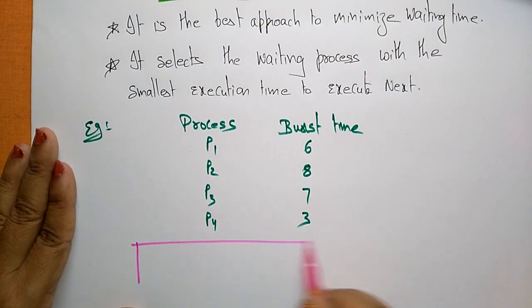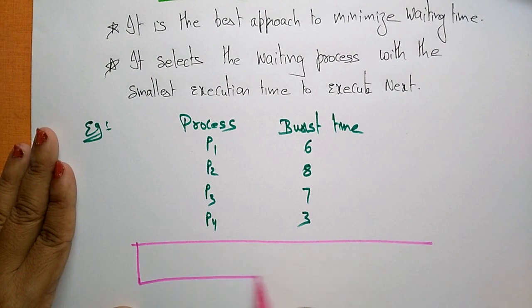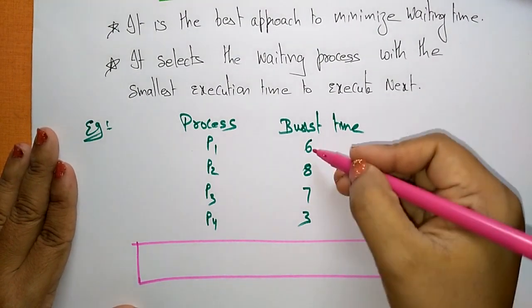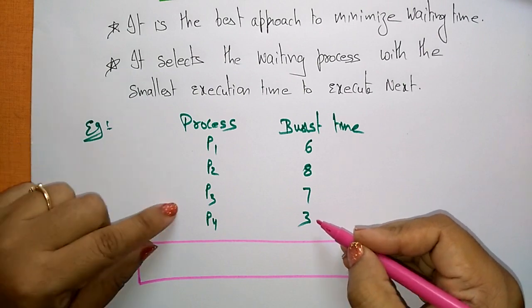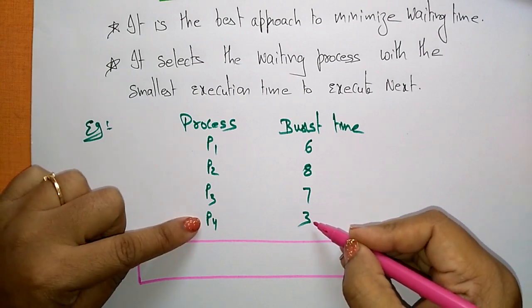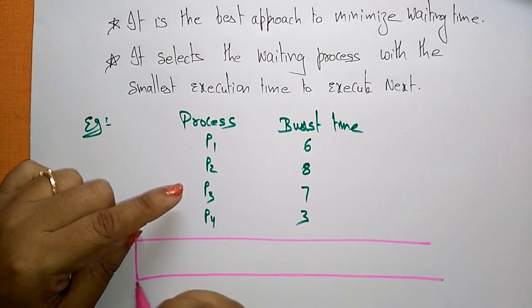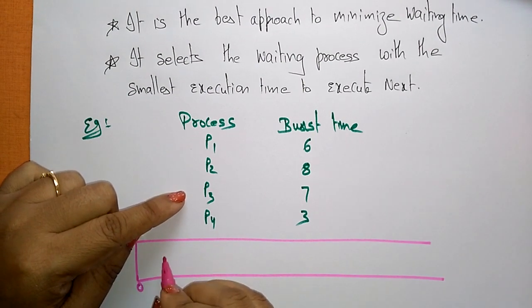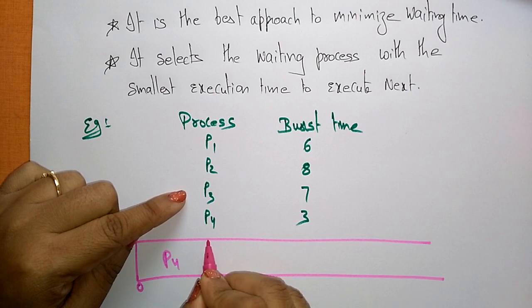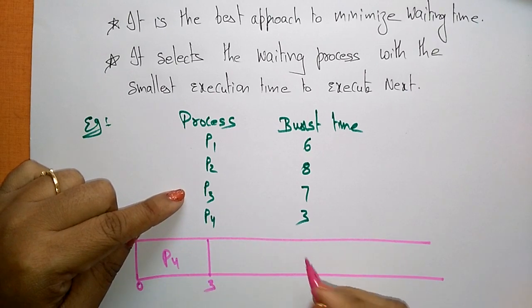So here, which is the shortest job first among all of these? The CPU is taking only 3 for process P4, so the burst time of P4 is only 3. First the CPU executes P4, from 0 to 3.